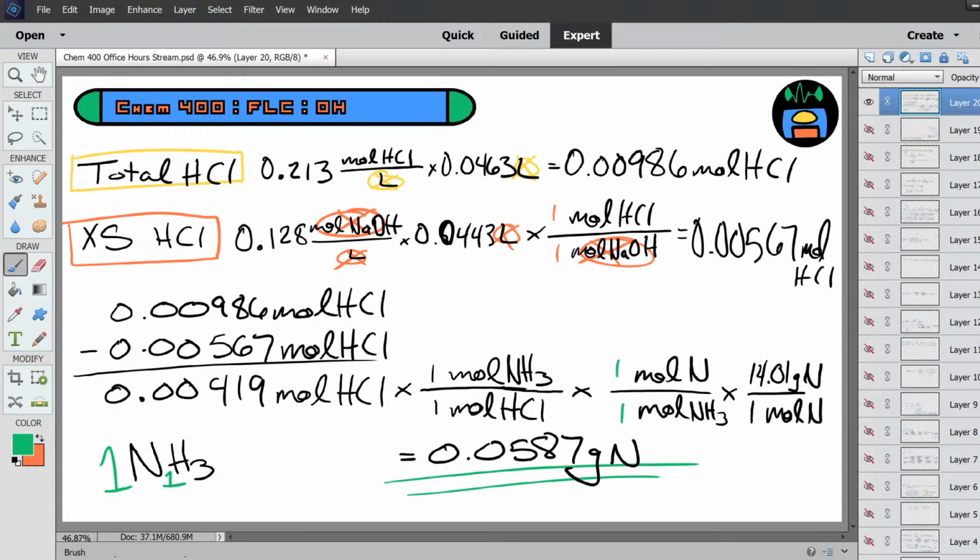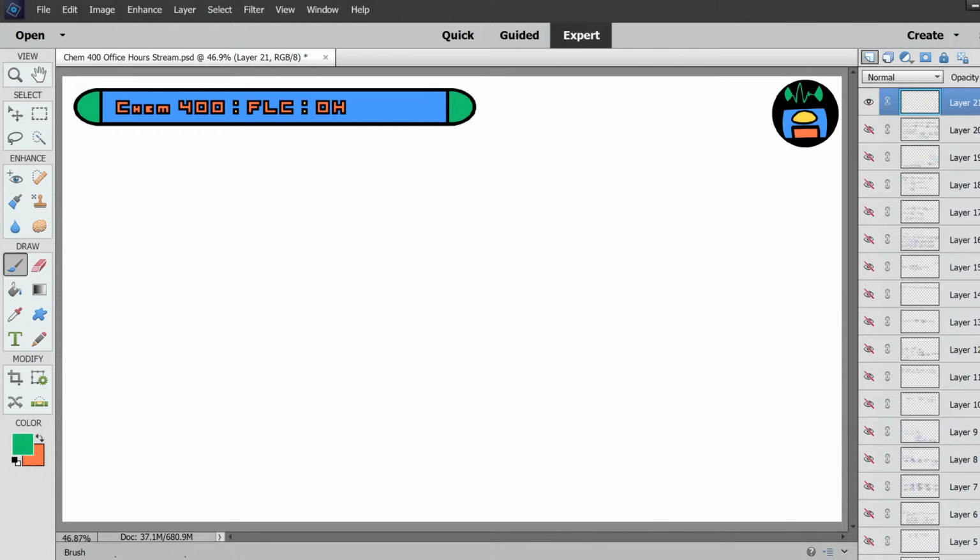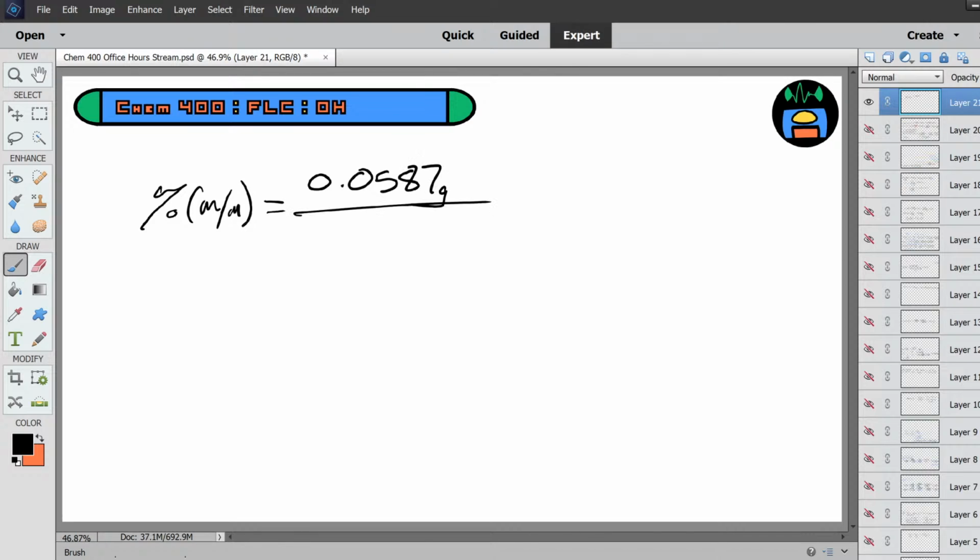And now we can calculate our percentage. Because our percent mass of nitrogen is the grams of nitrogen, 0.0587, over the total mass of fertilizer, which in this problem is 0.608, times 100.